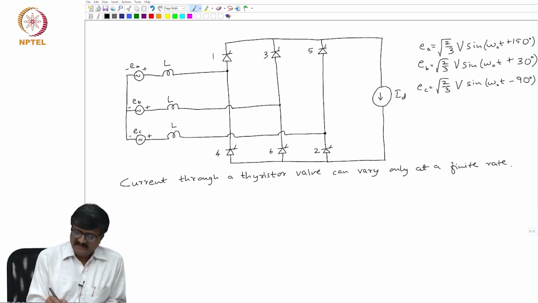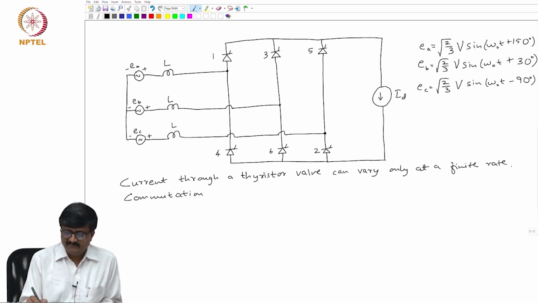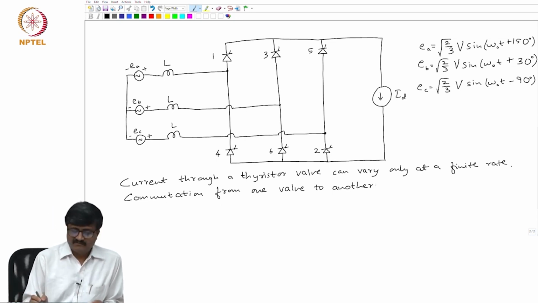So, this is as good as saying commutation from one valve to another. We already defined this word commutation.